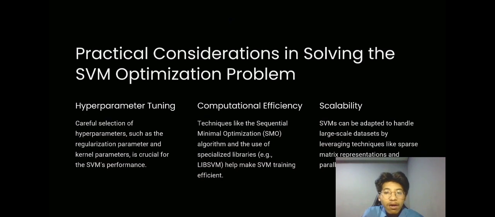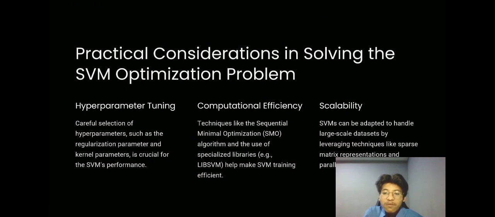Computational efficiency. Techniques like the sequential minimal optimization (SMO) algorithm and the scikit-learn library and libSVM help make SVM training efficient. 3.